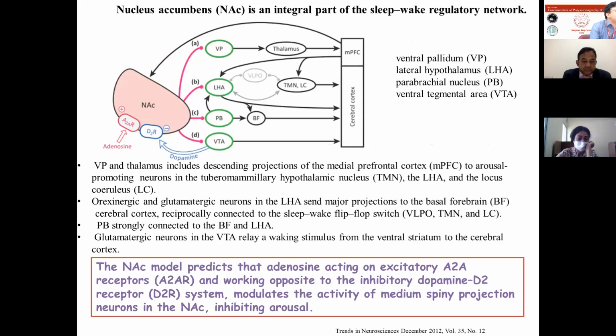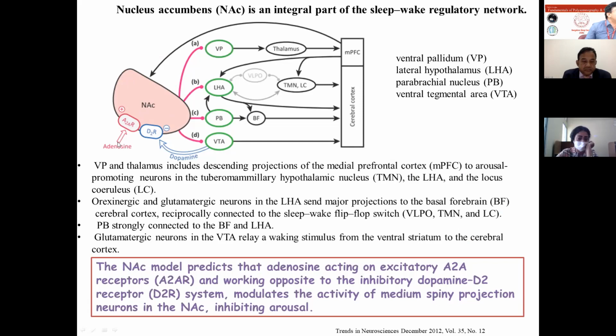When it comes to the A2 receptor, it is more expressed in the nucleus accumbens, and the A2 receptor is more excitatory in nature, where adenosine has an excitatory action on it. And the nucleus accumbens, we should know, is more GABAergic in nature.